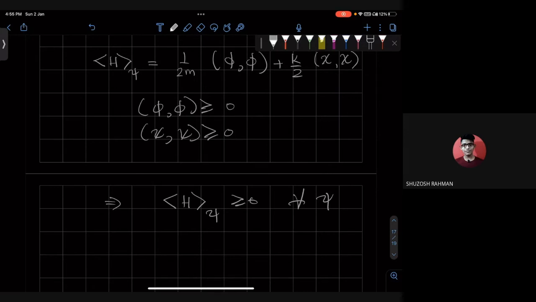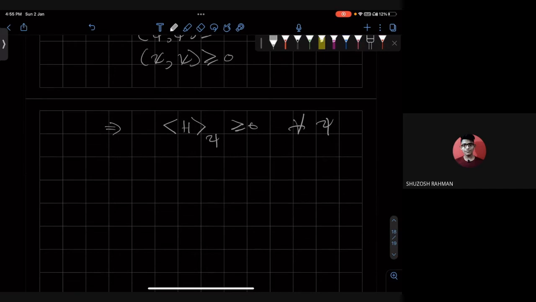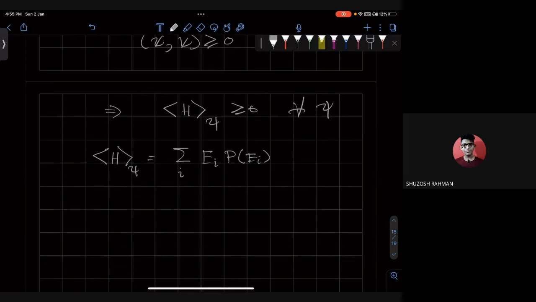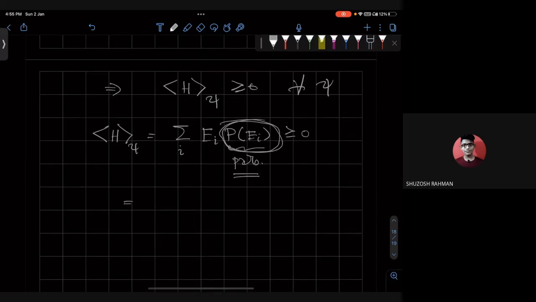Now, since the expectation value of H in psi is nothing but the energy multiplied by the probability of that energy, and we have established this is greater than or equal to 0, and each of these probabilities are positive numbers, each eigenvalue E_i must also be non-negative.